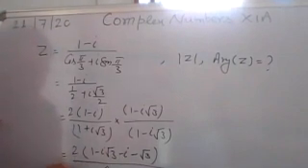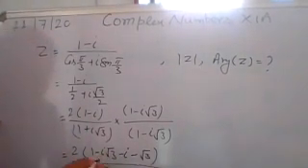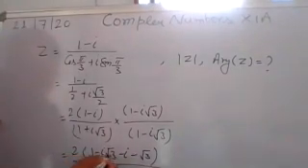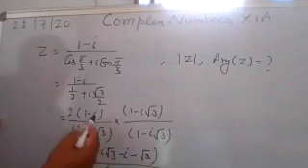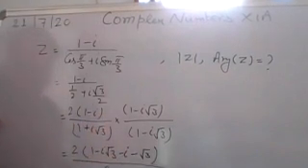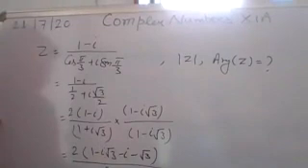Okay. So equating the real part, your real part here is 1 minus root 3. Just check it. Clear? Right.